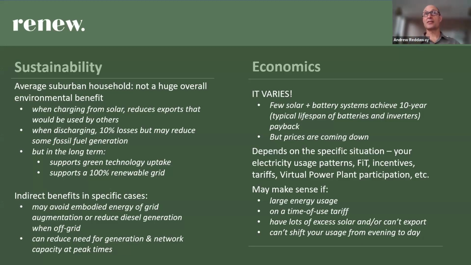And if that's the case, then yeah, potentially adding a battery will allow the panels to generate more, and that would have an environmental benefit. But yeah, most people in the suburbs are not getting such harsh export limits like that. And in the future, with flexible exports, even fewer houses will be in that situation.